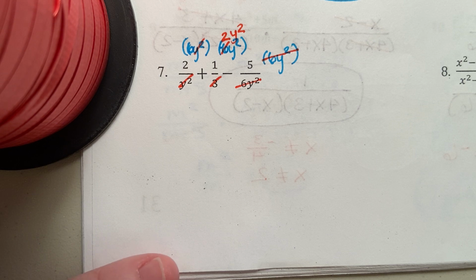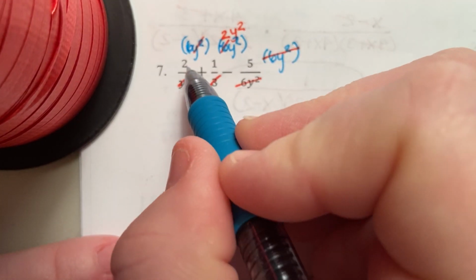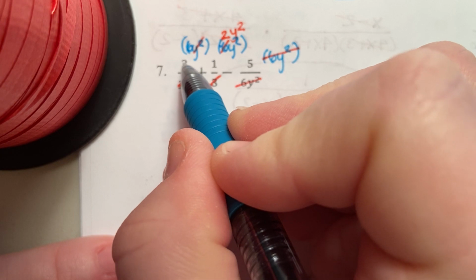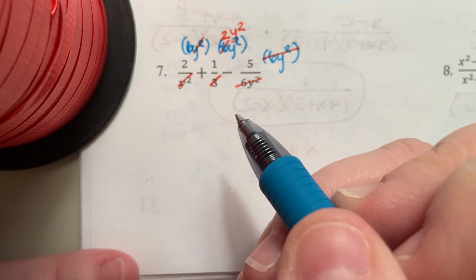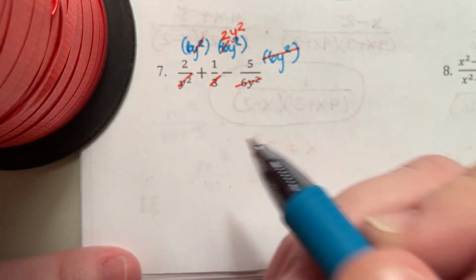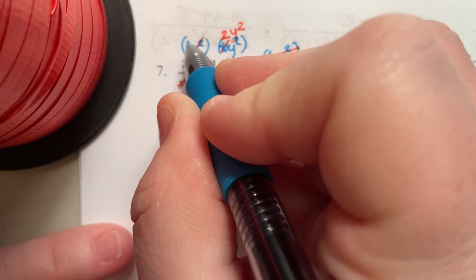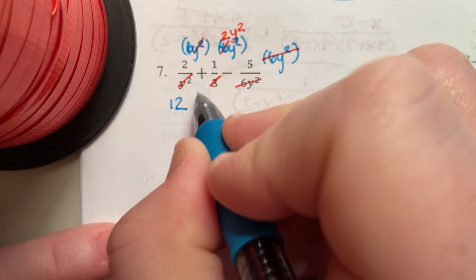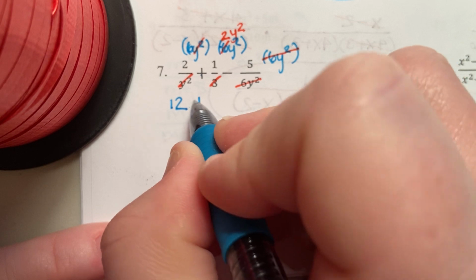But now what we're going to do is we're going to figure out, well, what do we have left? And then we're going to combine those like terms in the numerator. All right, so what I have left here is 2 and a 6. So really that's 2 times 6. Well, 2 times 6 is 12. Plus.